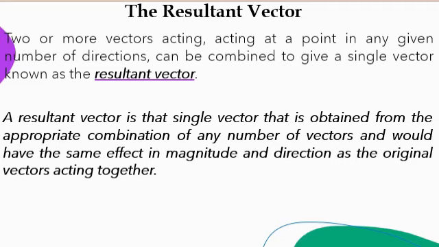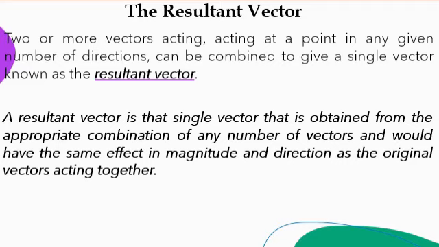So what we are saying here is that in a situation where you have 2 vectors, 3 vectors acting at a point, those vectors could be combined appropriately to get a resultant. So the single vector that you obtain from that process is what we call the resultant vector.